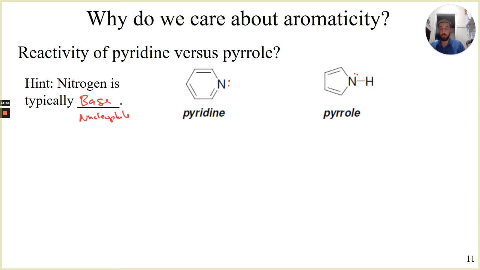Okay, but that all hinges on that lone pair being available to react. Okay, so are both of these lone pairs available to go outside the structure? Okay, well, if we go through and actually look at it, the lone pair on the pyrrole is part of the aromatic system.